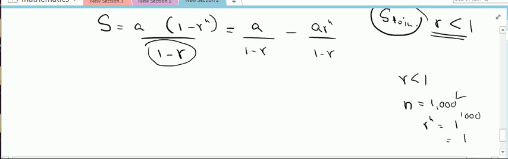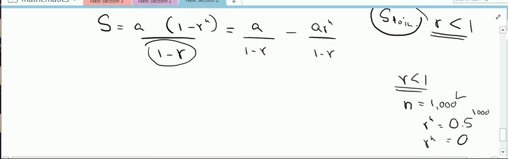But r should be less than 1. So let us just change our example and take r as 0.5, for anything which is less than 1. 0.5 power 1000 is 0.